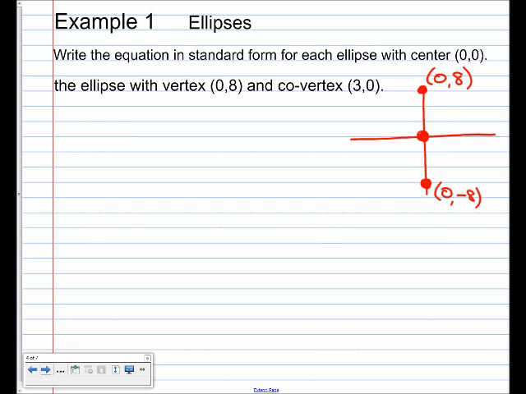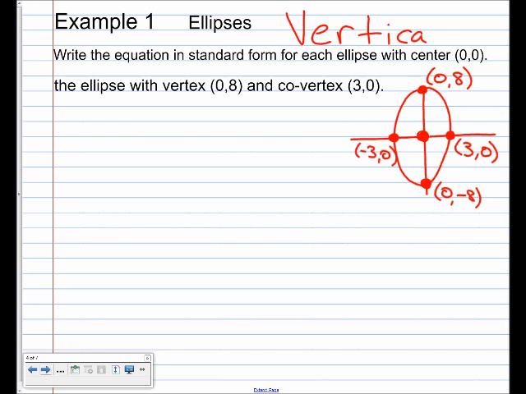What about my co-vertex? 3, 0. So there's another co-vertex at? Very good. And you should be able to then see that this is going to be what type of ellipse? Is it horizontal or vertical? Vertical. Very good. So just go ahead and make your sketch. It doesn't have to be beautiful. We just want to know this is vertical.